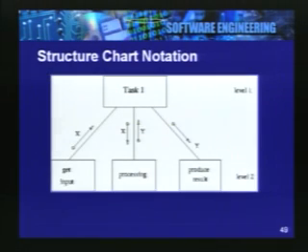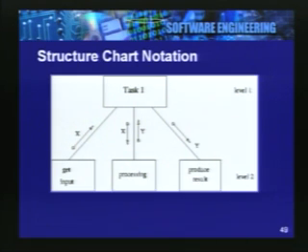Here is a diagram which shows an example of a structure chart. As you see here, we have a task 1 which is shown as a module at the top. This task has been written as a software module or a unit. It calls on 3 modules at the next level.